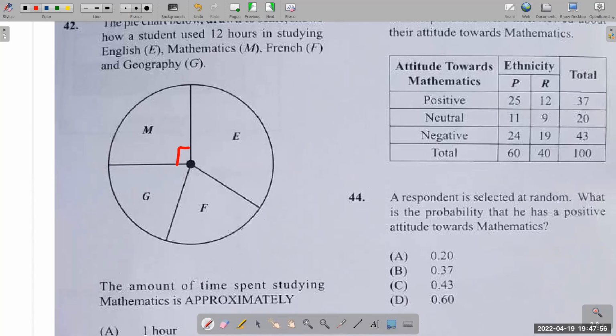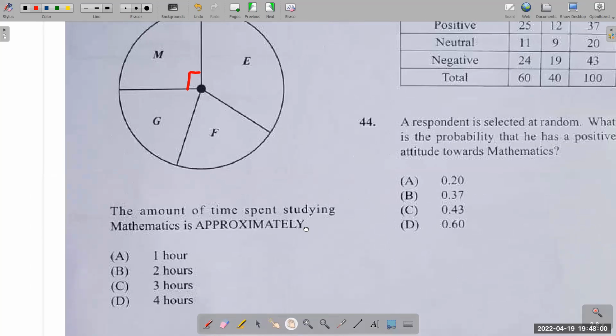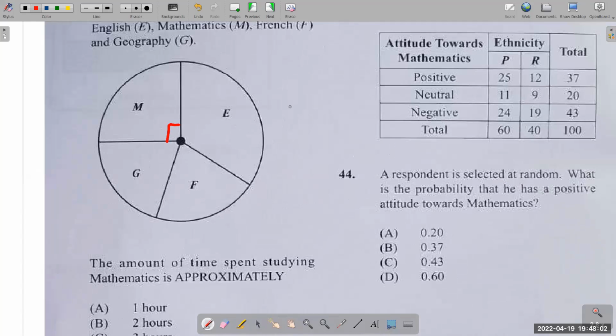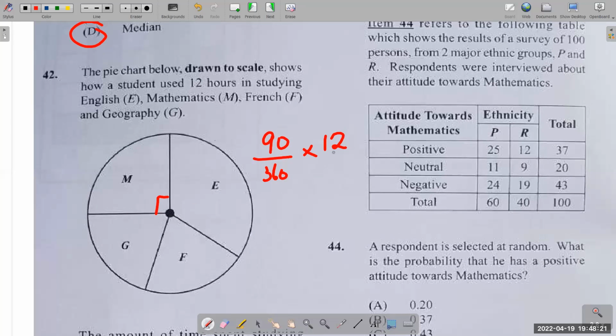So how do I find the number of students who do maths? What would you do then? You're going to put 90 out of what? Always out of 360. Not subtract, and you're going to find it of the 12 students. Exactly. Of the 12 students. Everybody see that? And then we just cancel.